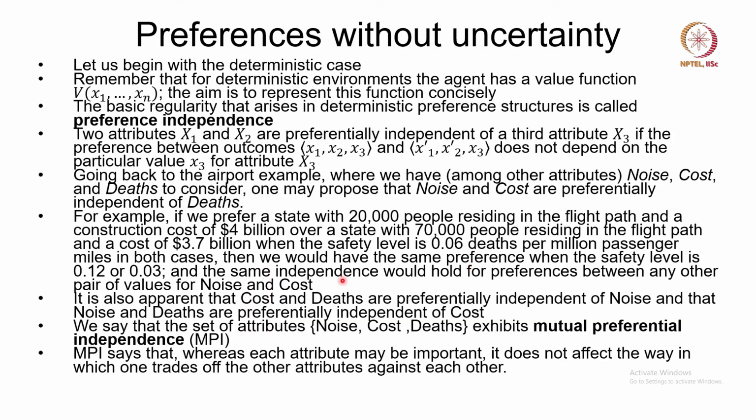And we would have the same preference when the safety level is 0.12 or 0.03. And the same independence would hold for preferences between any two pairs of values.